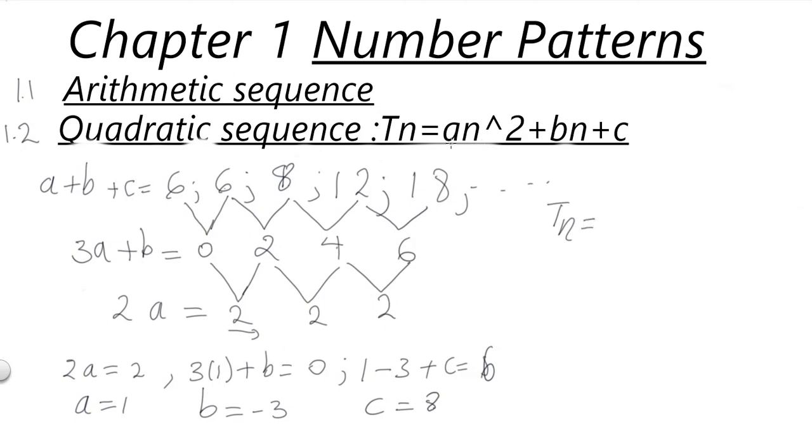Please don't write 1n squared, just write n squared. Instead of B, put minus 3n, and the C will give you 8. So this is what we call a quadratic sequence.